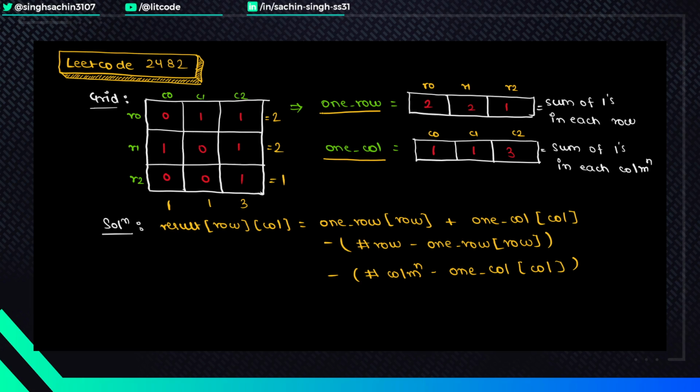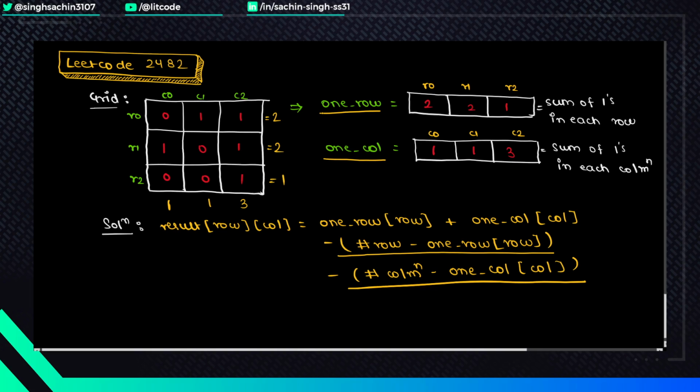Coming to the main part where they have given the formula to calculate the values for each coordinate, row comma column, I have modified it a bit. This is the part where I have used some liberty to simplify it. I didn't want to calculate the number of zeros separately from the original matrix. So what I'm going to do is just subtract the number of ones from the total number of rows.